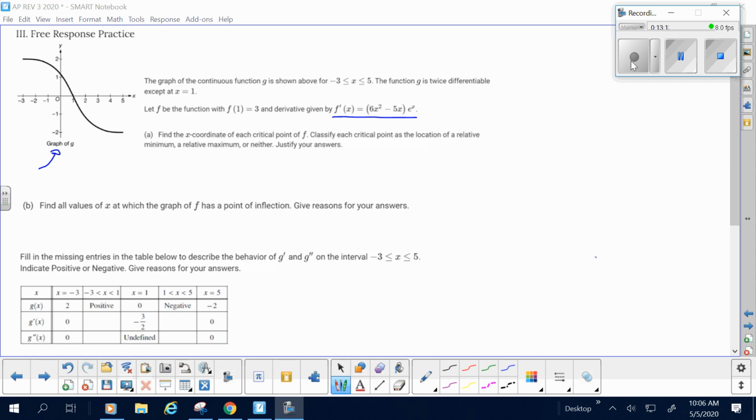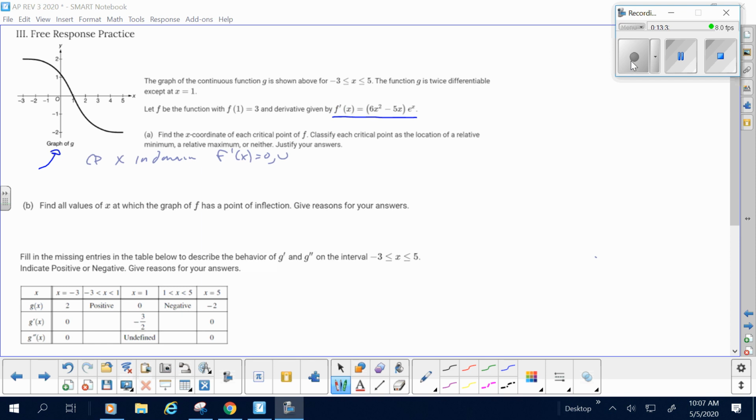All right, so first I start talking to myself. Critical points are numbers x in the domain where f prime is 0 or undefined. The domain, they don't give us, so I assume it's defined for all reals. So let's go.